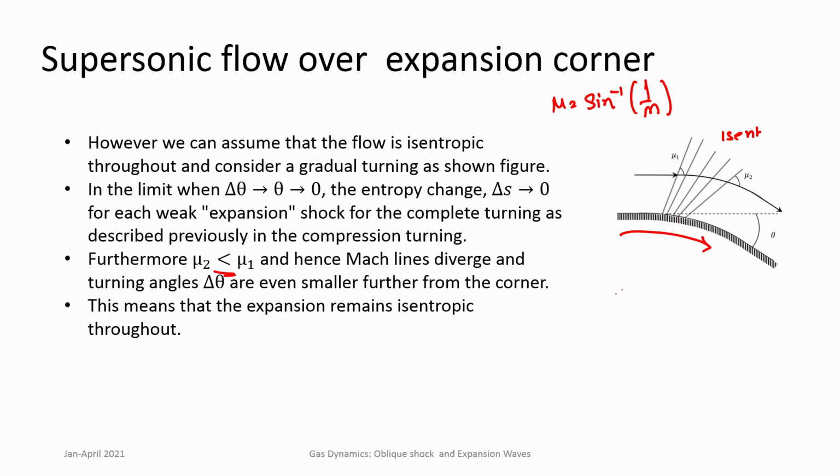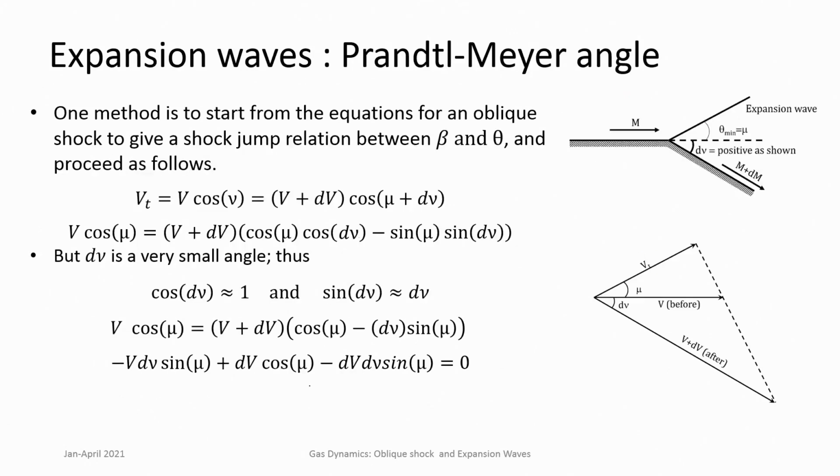In the limit, what is considered is this gradual turn. This corner can be sharp, but the turn actually happens very gradually as a series of Mach waves that turn the flow. Only at this corner are all the waves starting. This kind of analysis was done by Prandtl and Meyer, so this is known as the Prandtl-Meyer function or Prandtl-Meyer angle.